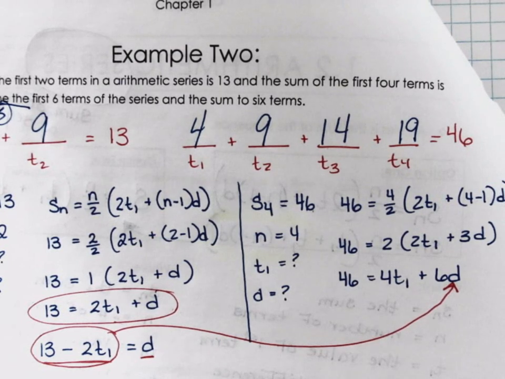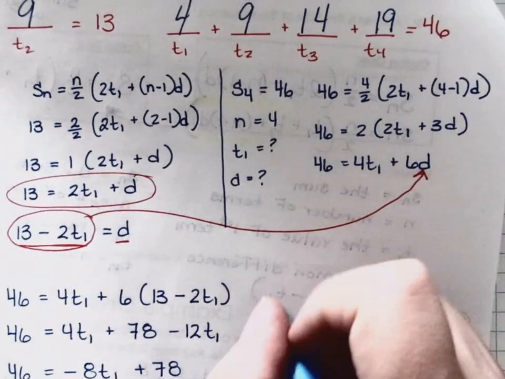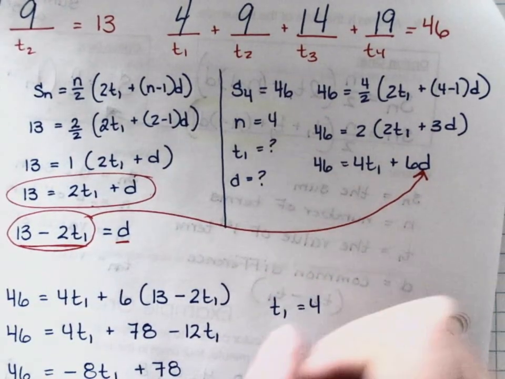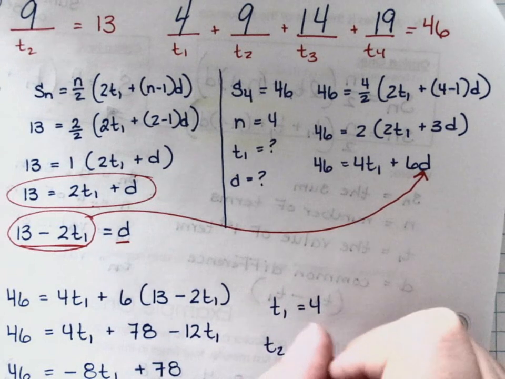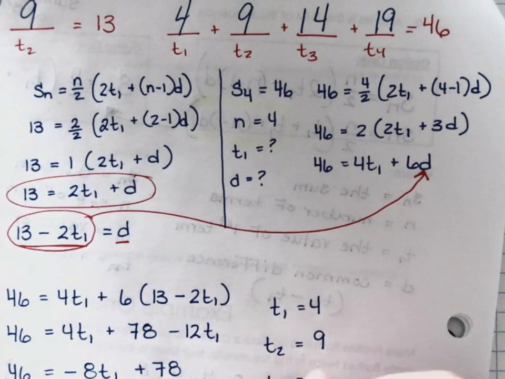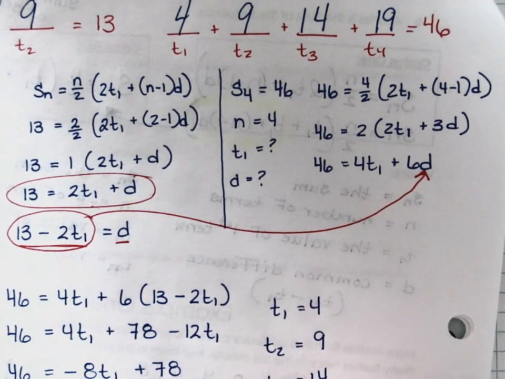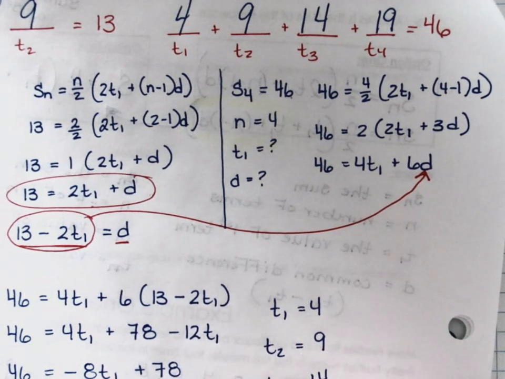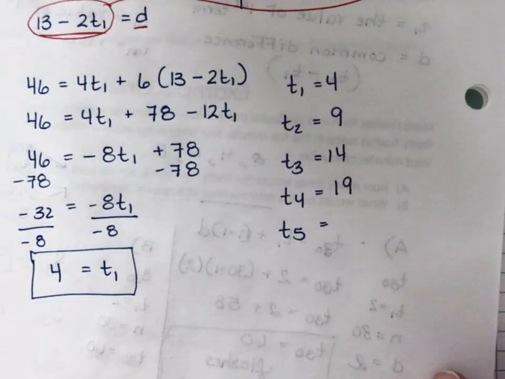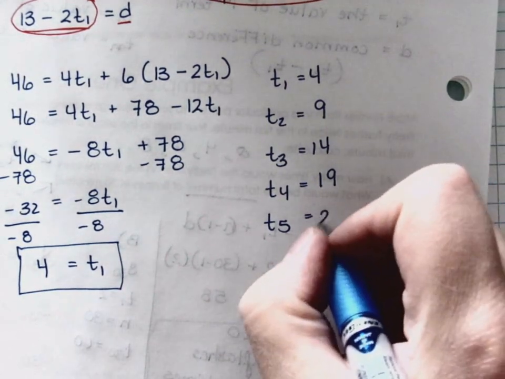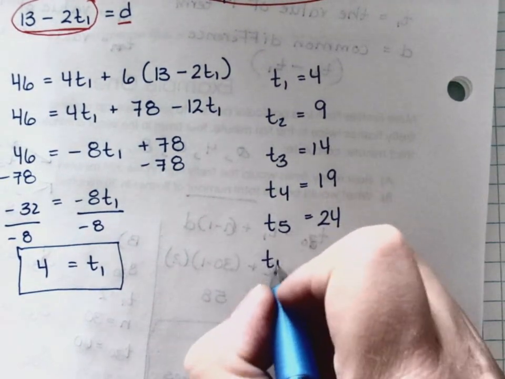So that's pretty exciting. It says determine the first 6 terms in the series and the sum of the first 6 terms. Okay, so what's T1? We said T1 was 4, T2 was 9, T3 was 14, T4 is 19, T5 is hopefully 24, T6.